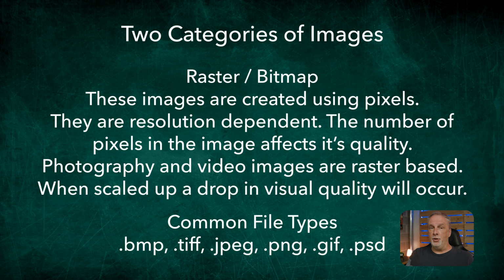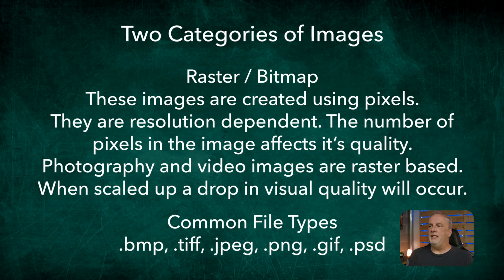When scaled up, a drop in visual quality will occur. Some common file types, and you might be familiar with some of these already, are bitmap, TIFF, JPEG, PNG, GIF, and PSD. There are many more out there, but these are some of the more common types. Any type of video file that you come across will be raster based.